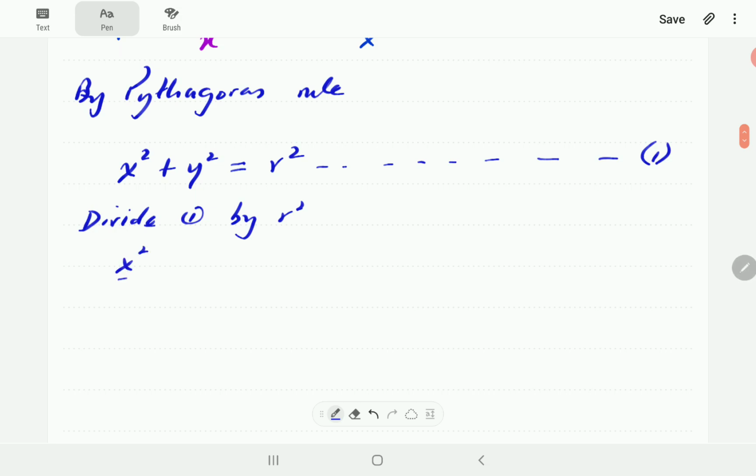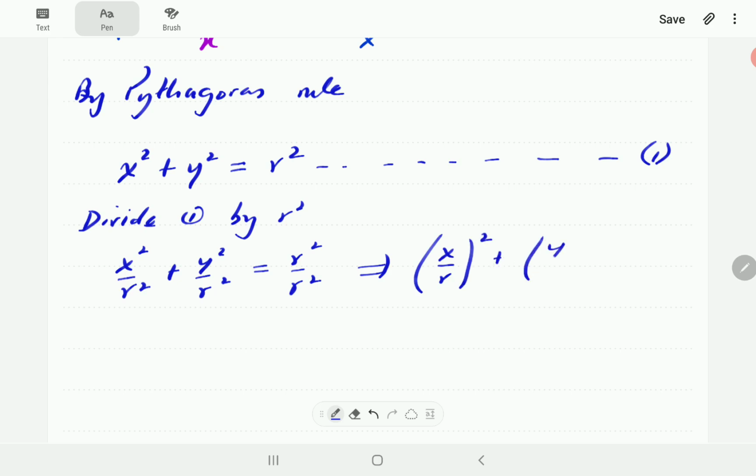So we're going to have x squared over r squared plus y squared over r squared is equal to r squared over r squared. So this we can write on the left hand side as x over r all squared plus y over r all squared is equal to 1.